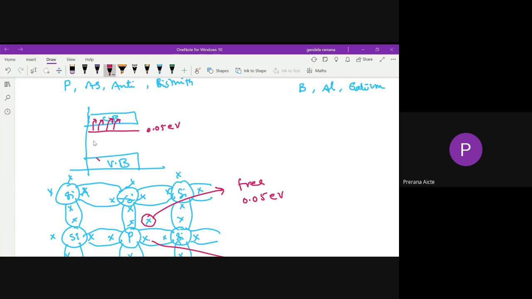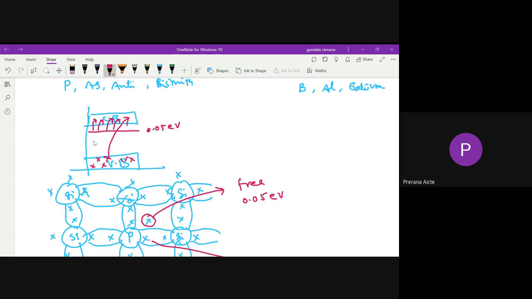So it is very easy in the valence band. When you give some energy from the valence band to the conduction band, some electrons will jump, and at the same time, here also, when it is doped with fifth group elements, some electrons jump from the donor level to the conduction band and become free electrons. So the current will flow.